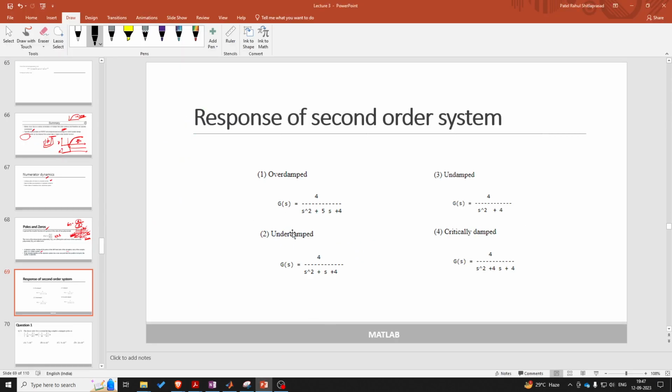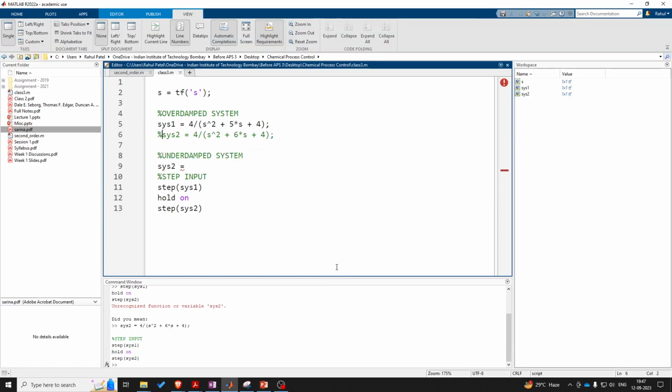So an example of an underdamped system is this 4 upon S square plus S plus 4. Now let's just compare the response of both this overdamped system as well as the underdamped system.